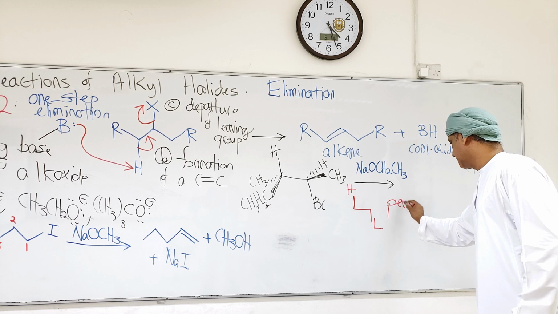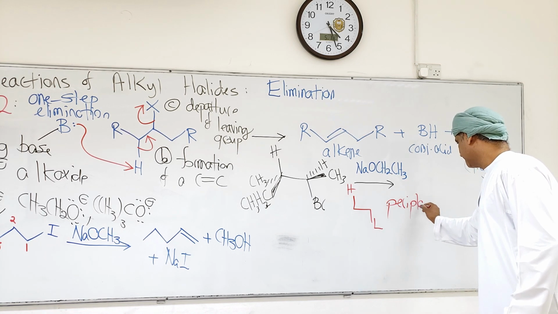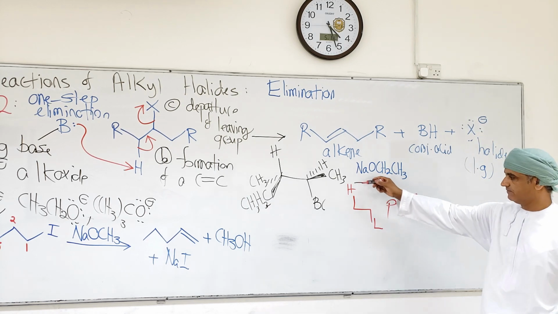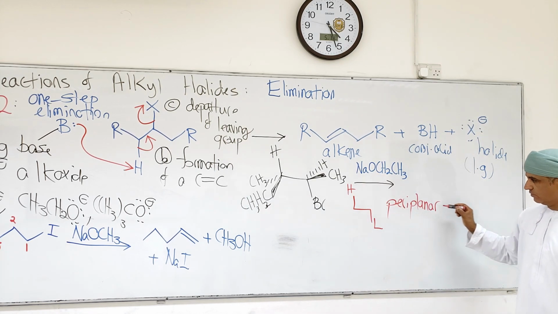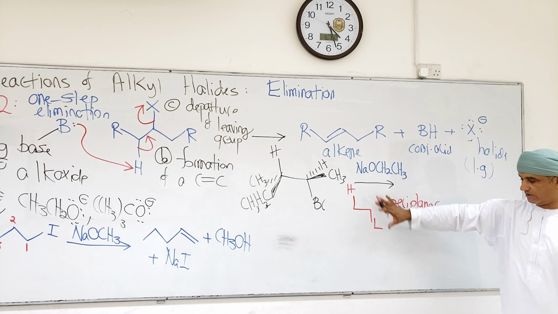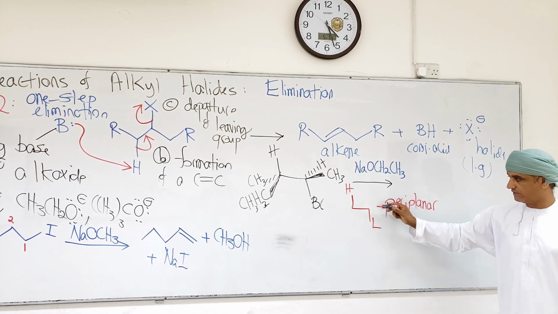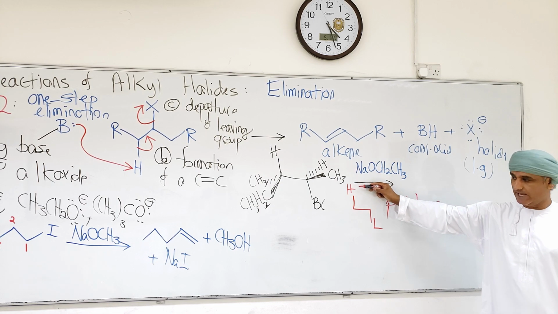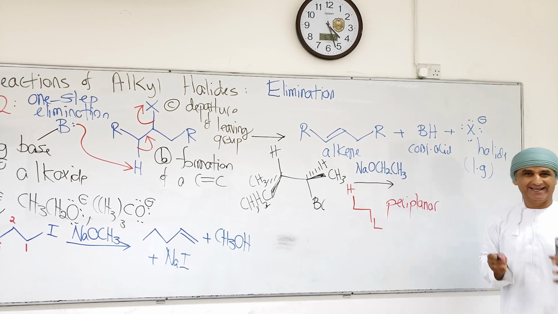So this is periplanar geometry, but also hydrogen and L. If you view this general representation directly through the carbon-carbon bond, you will notice that the dihedral angle between H and L is 180 degrees.